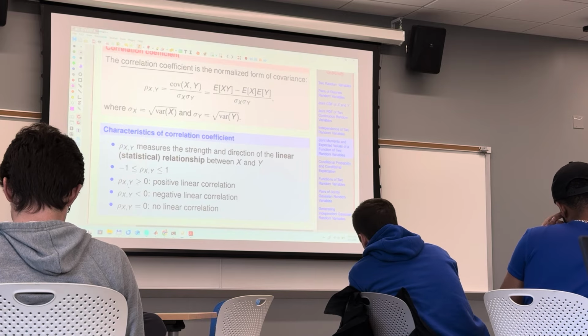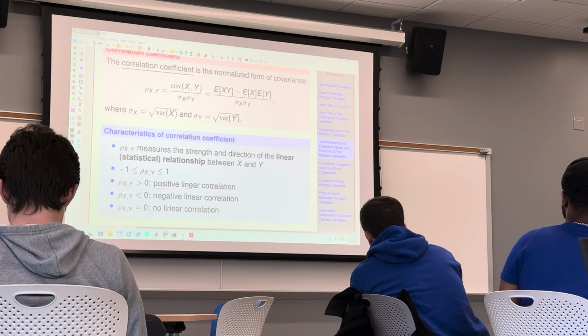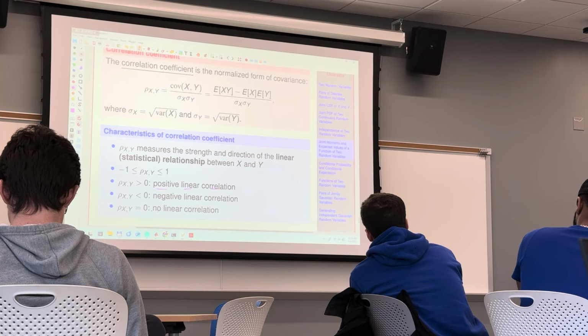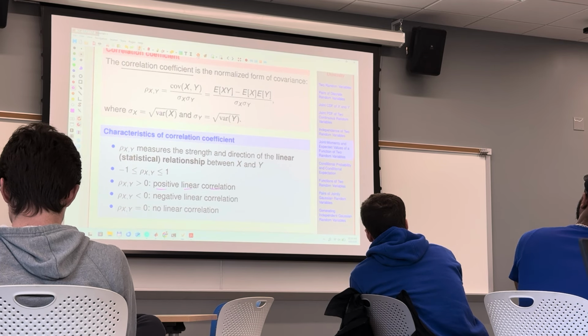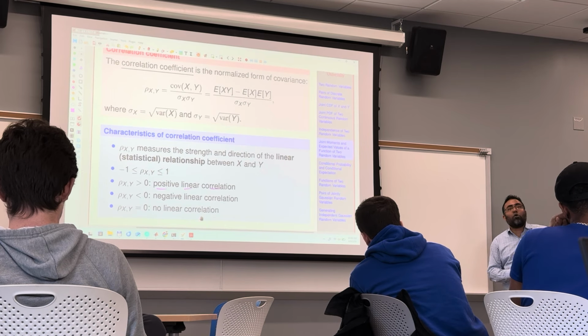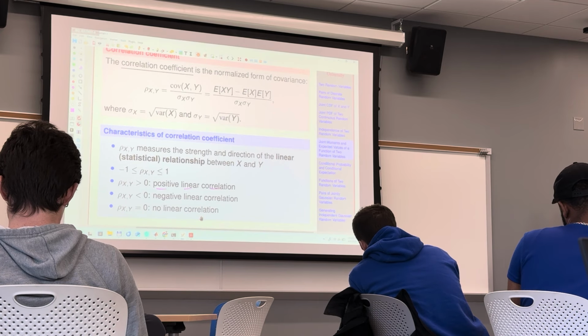When rho is greater than 0, it's positive linear correlation. It's going to be negative linear correlation when rho is less than 0, and it is 0 when there is no linear correlation. Now, I made use of all the terms that I have been talking about in this section, okay?